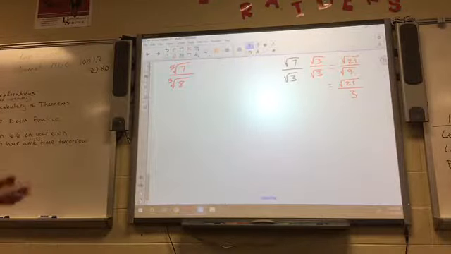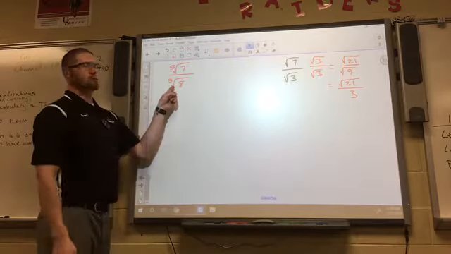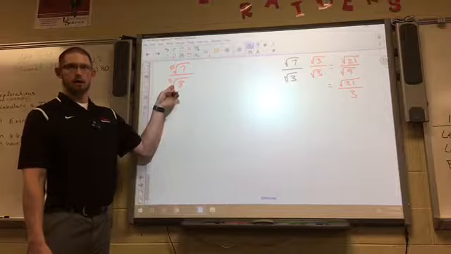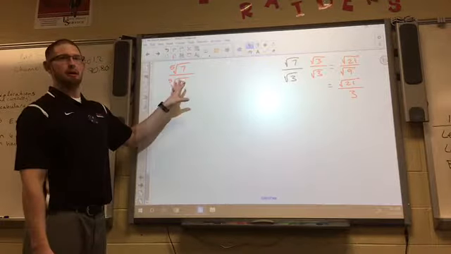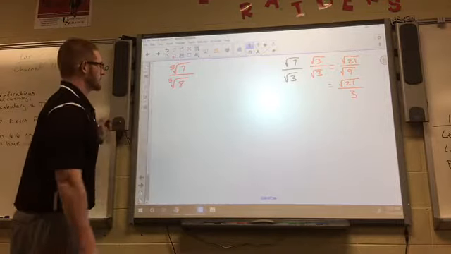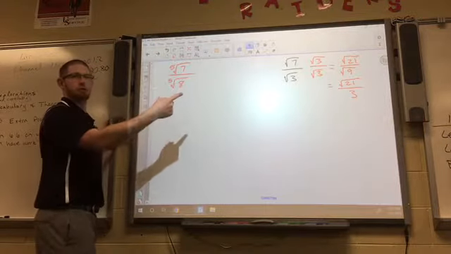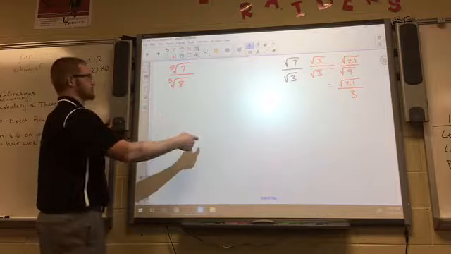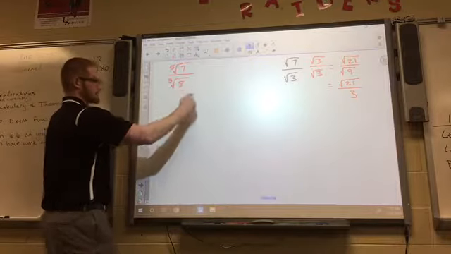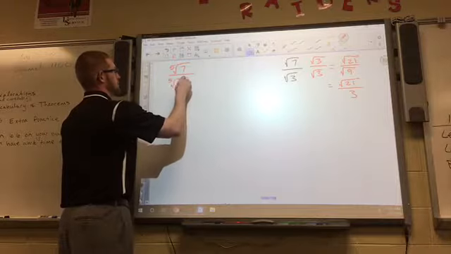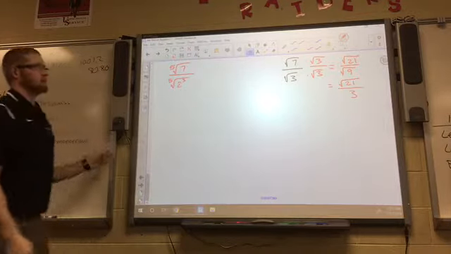Okay, difference over here is I'm going to need a perfect fifth root. Now don't make it harder than it needs to be, because 8 is already 2 cubed, right? So what I would look for, instead of writing this as an 8, I would write this as a 2 to the third power.